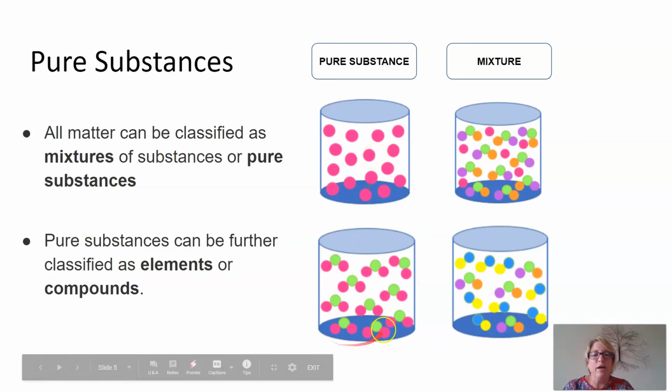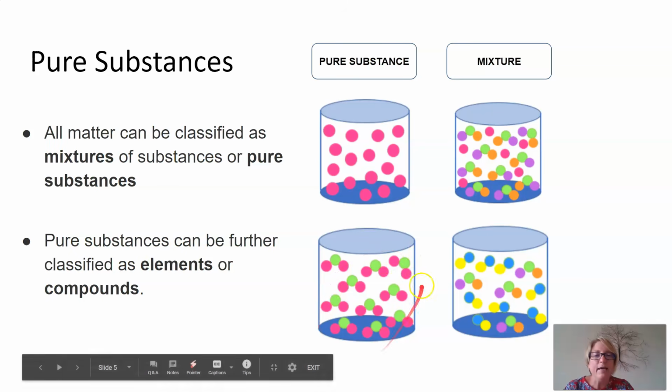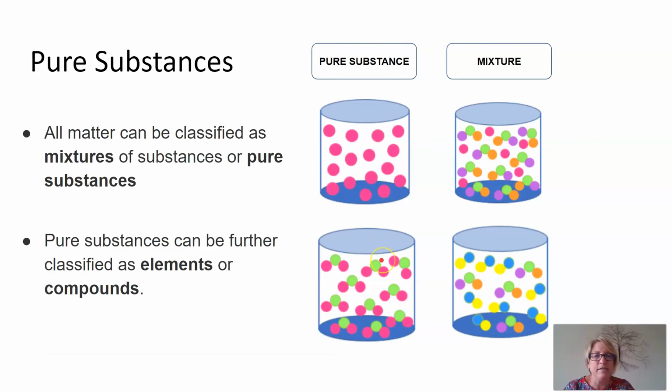And if we have a look at this substance here, it contains a cluster of circles together where one is green and two are pink. Here's another cluster where one is green and two are pink. So again, these are the same clusters within the substance.